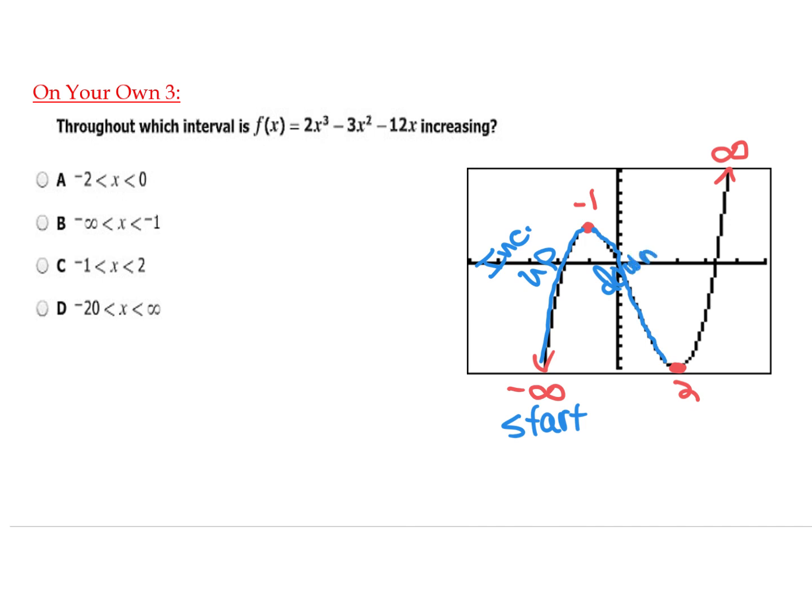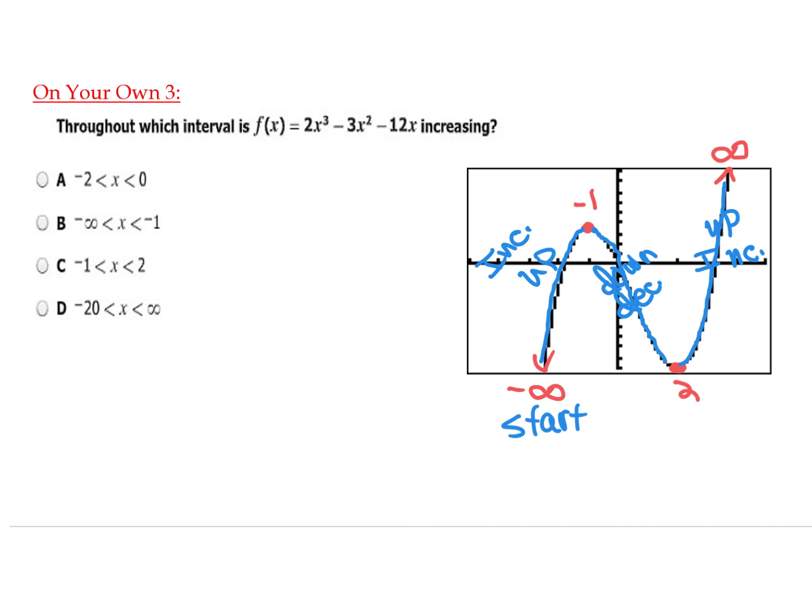And because it is going down, it is decreasing. And then at 2, it changes directions again, and it is going up, which means that this would be an increasing interval. So I have to determine which one of these represents an increasing interval.